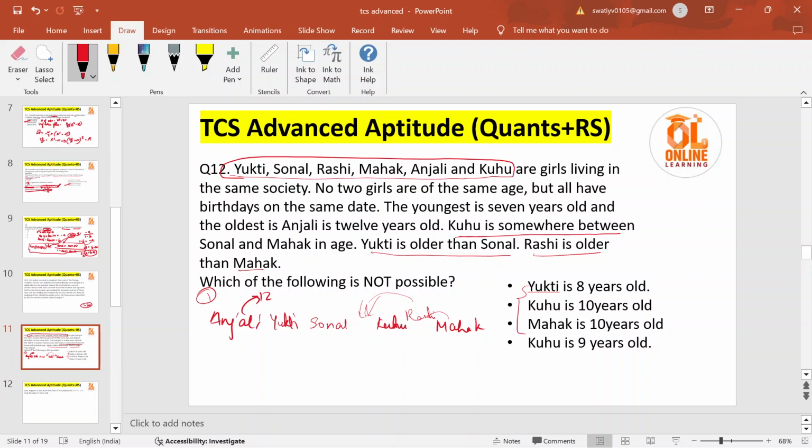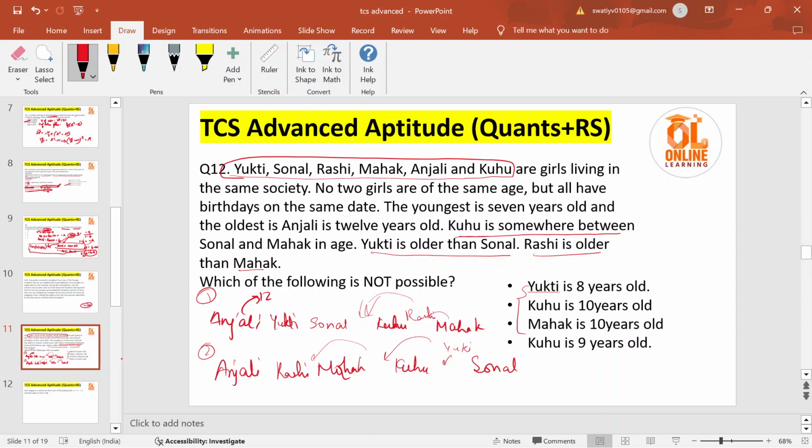So we will not take the condition of Rashi because here Rashi is not given to you. So now I will take the second case. According to my second case, can I write it like this, that Mehak is here, Kuhu is here, and Sonal is here. Then Rashi must be here, and Yukti can be anywhere, somewhere like this, somewhere like this also.